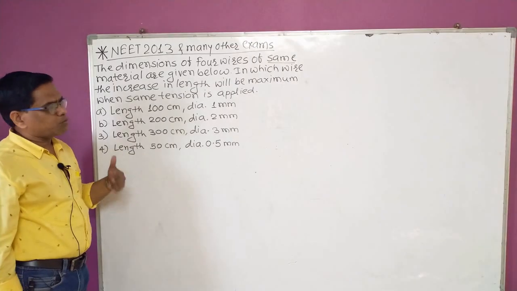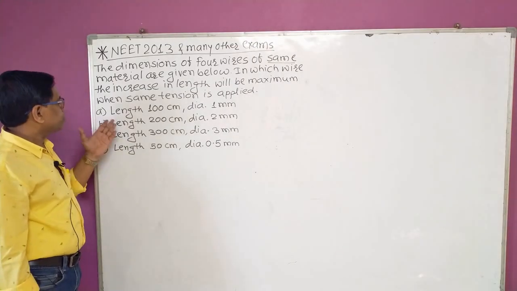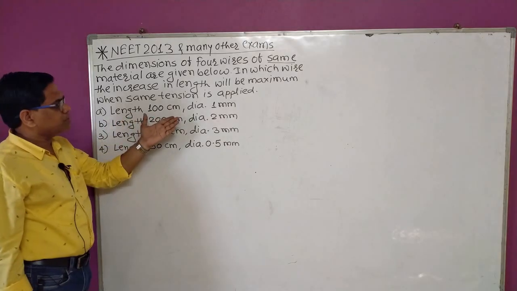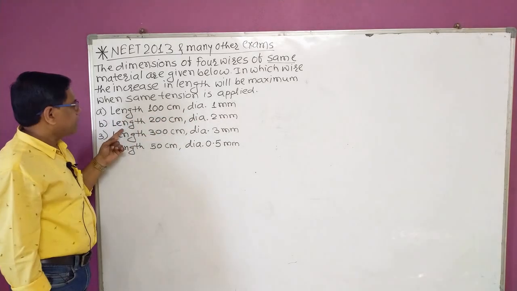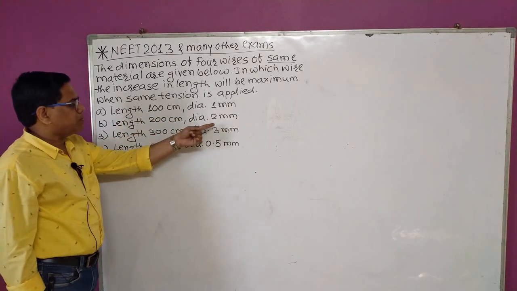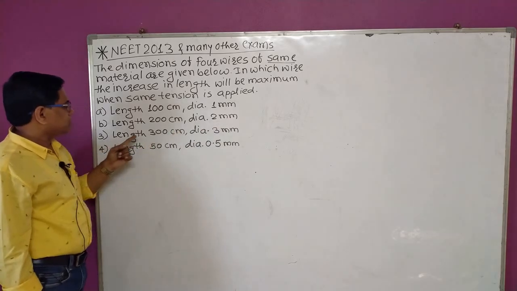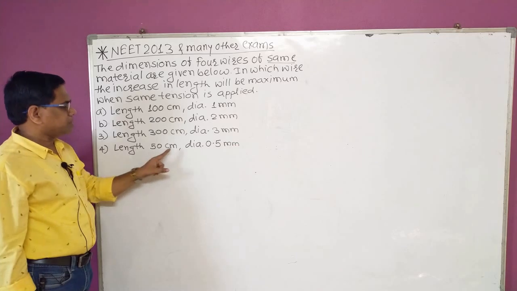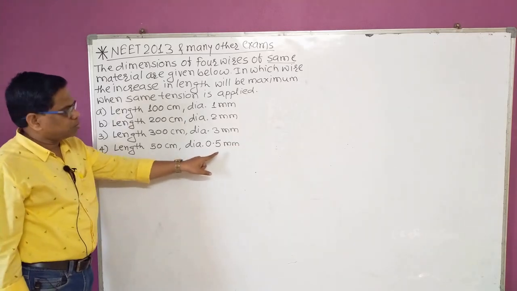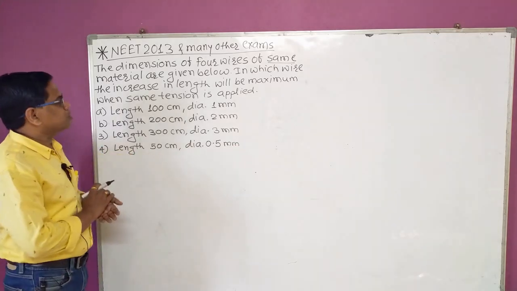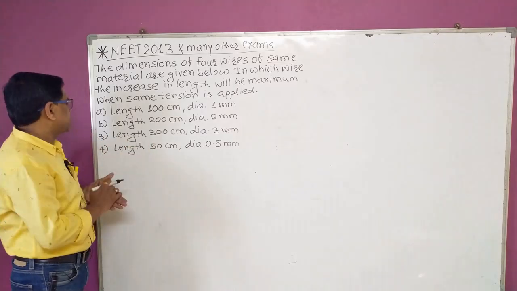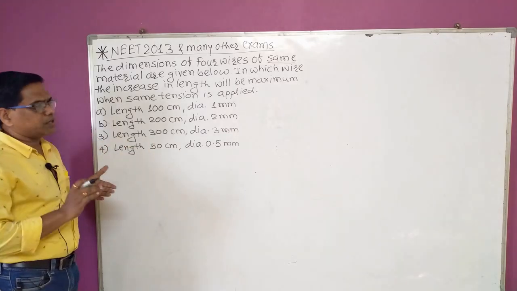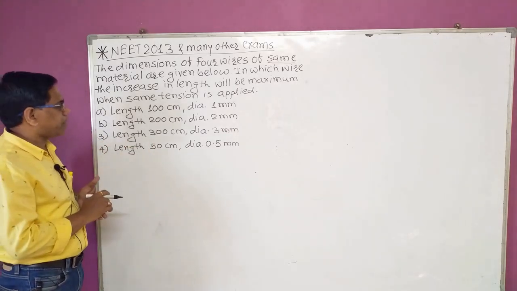So the load applied on the wire is also the same, and the options are length 100 cm, diameter 1 mm, length 200 cm, diameter 2 mm, length 300 cm, diameter 3 mm, and length 50 cm, diameter 0.5 mm. So we have to determine in which wire the elongation produced will be maximum.